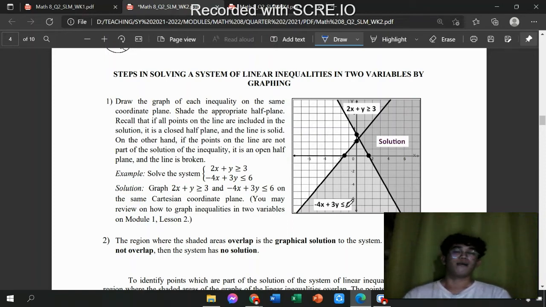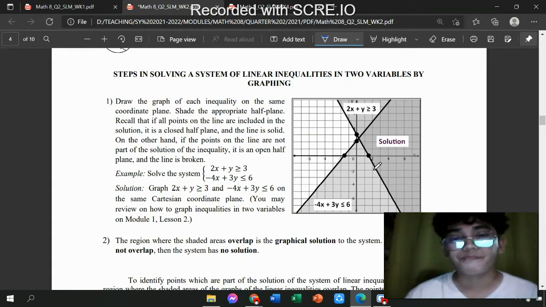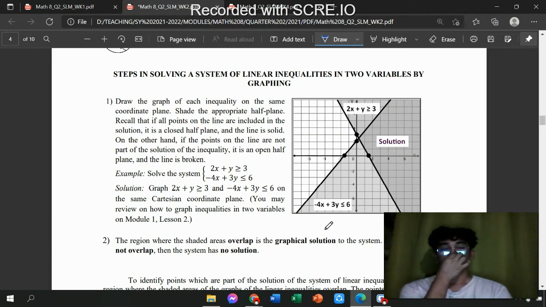Pwede magpili mo og tulo ka coordinates, tulo ka ordered pairs. For example, 2 and negative 2. So inig-substitute nato sa 2 and negative 2 sa atong x ug y sa atong inequality, kung true ang mogawas, so meaning solution siya.